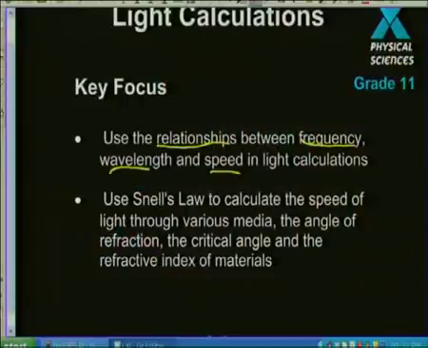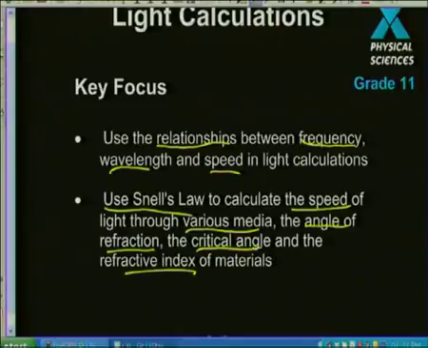So we want to give you some examples of those, remind you about what to take note of, and then we'll move on to the second part, where we're going to focus on Snell's law. And we're going to use Snell's law to calculate the speed of light through various media. That's different materials. We're going to use it to calculate the angle of refraction, the critical angle, and the refractive index of various things.